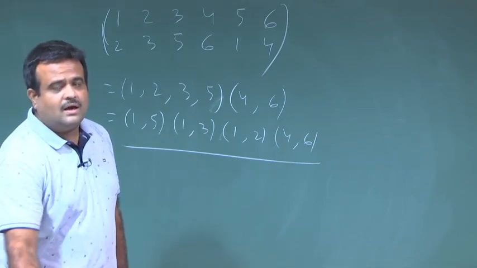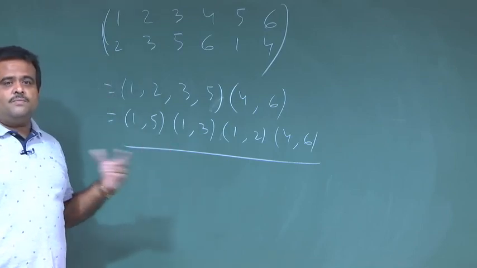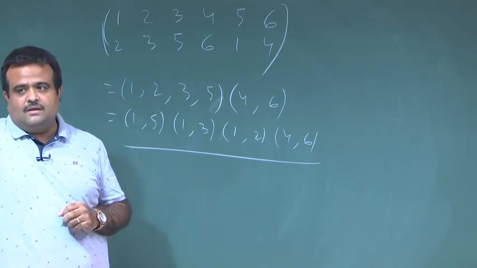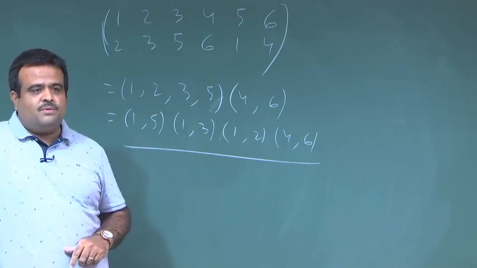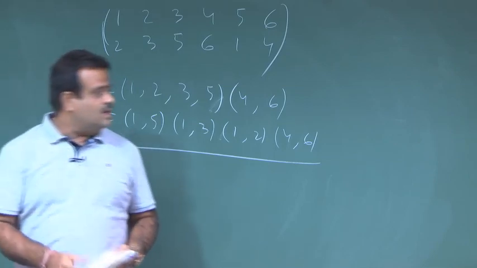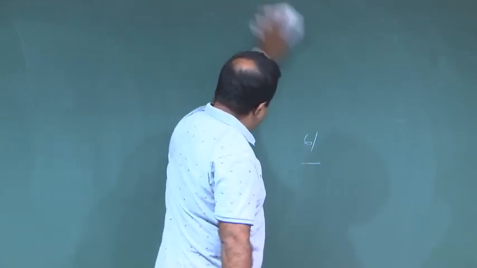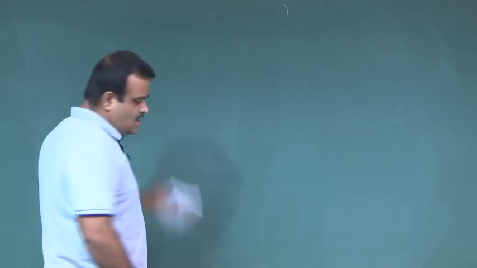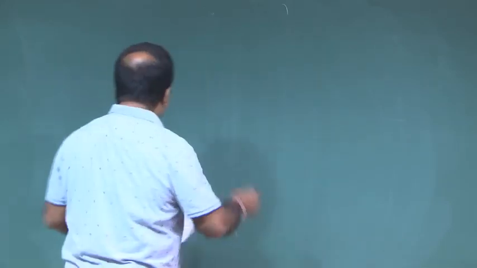So, any permutation can be written as a composition of a product of transpositions, two length cycles. If the number of transpositions is even, then we call this an even permutation. If this is odd, we call this an odd permutation. Okay, so this is more or less some concepts on permutations. Now, we will move to the next topic, which is called equipotent sets.